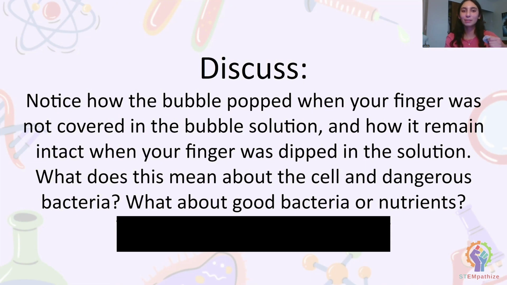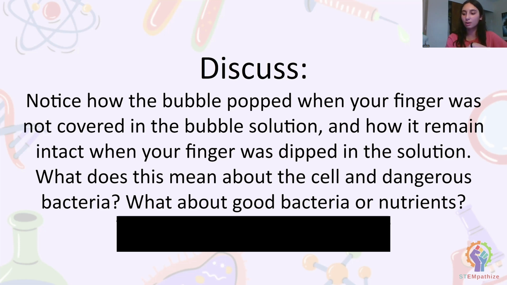All right, so after you thought about your idea, let me share mine. When I think about how my dry finger went into the bubble and then it popped, versus when my finger was dipped in the solution and it didn't pop, I think that the cell membrane regulates what it considers good bacteria versus bad bacteria. And personally, I think that the cell membrane thinks good bacteria is things similar to it.